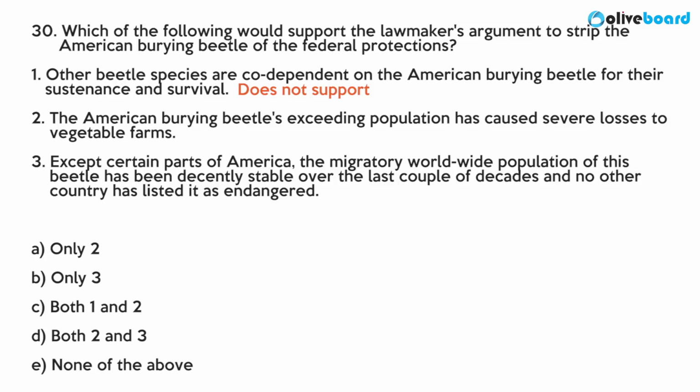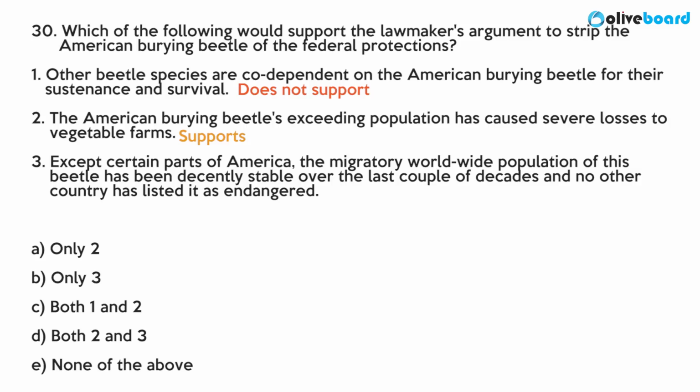The American burying beetle's exceeding population has caused, this is given that now it is much more, so now they do not need much more protection. So it is a given point. It can be used as a tool that now we have sufficient numbers so we can remove the protections.